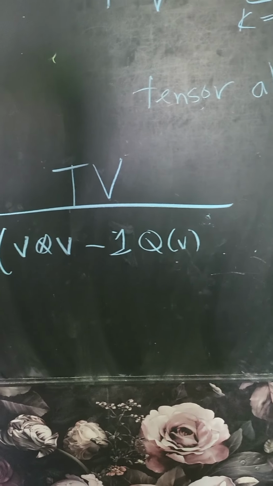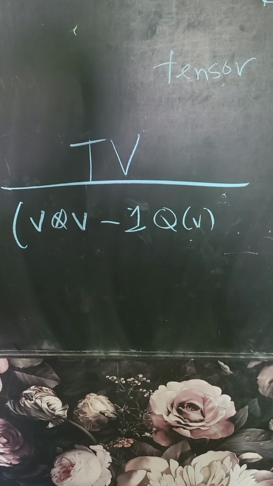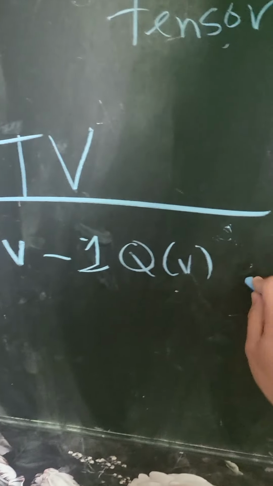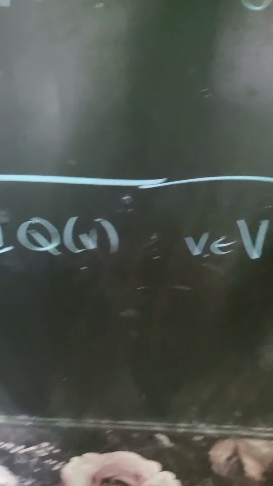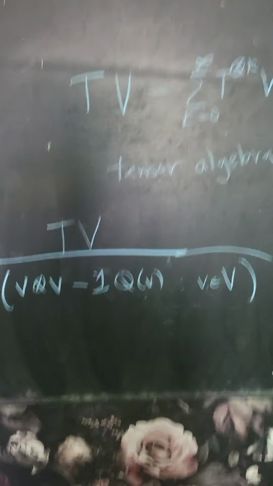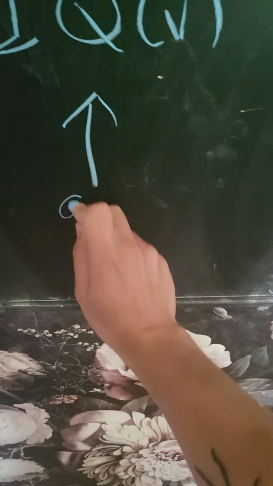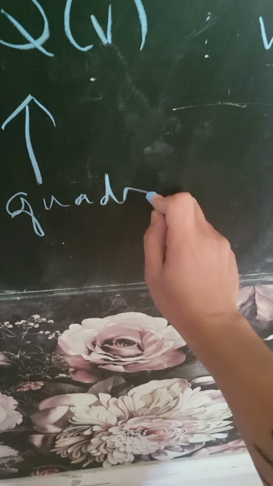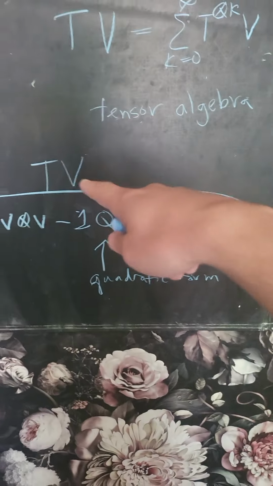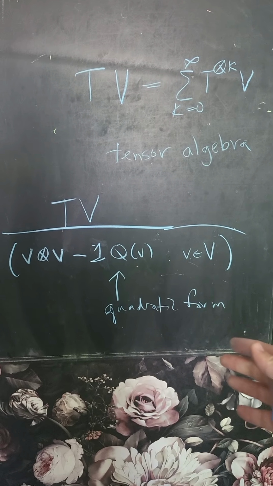Because we have multiplication, you tensor something by 1, you get itself. Tensoring by a constant is equivalent to multiplying by that constant. Here v is an element of the vector space, and Q, by the way, is a quadratic form. You quotient out by this ideal, and this gives you what's called the Clifford algebra.